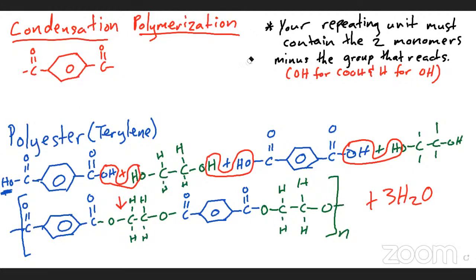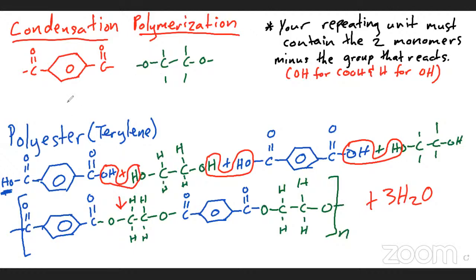But remember, it must be joined to the alcohol. So let me put the alcohol now. For the alcohol, the hydrogen is taking part. So I take off the hydrogens.